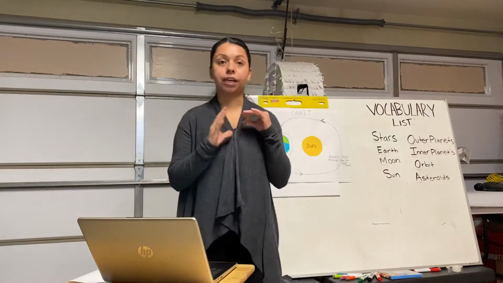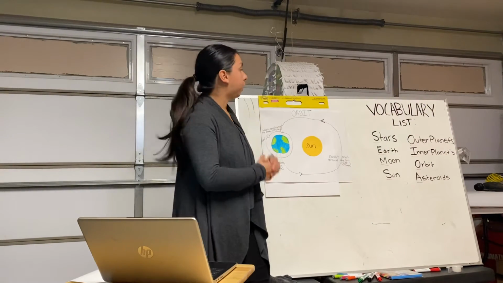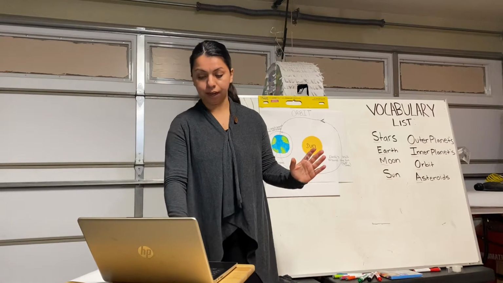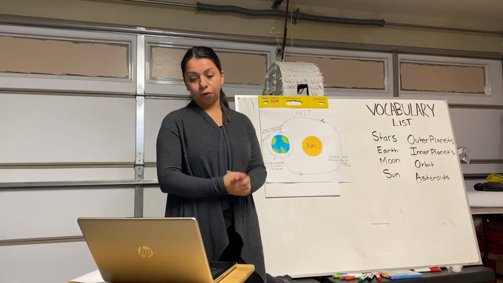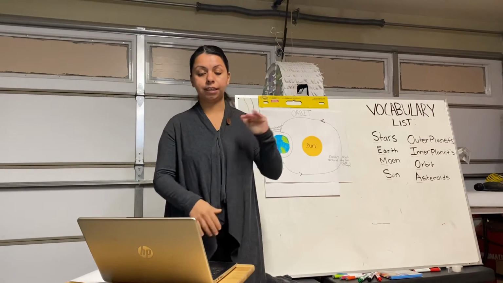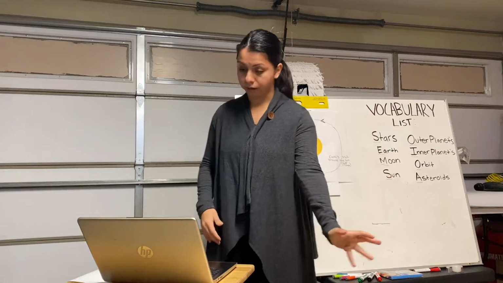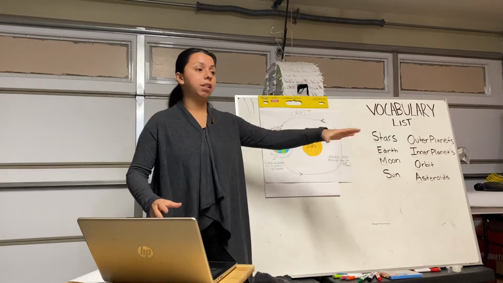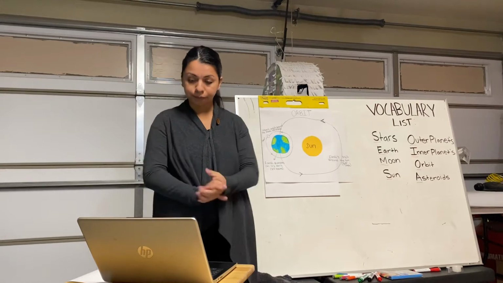So that's what I want you guys to understand, the vocabulary word orbit. Again, the orbit is a repeating path that one object in space takes around and around. So it's multiple planets going around the sun, okay?